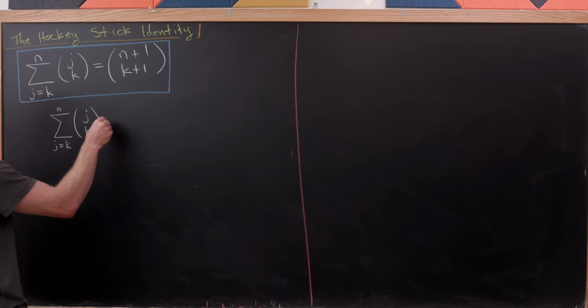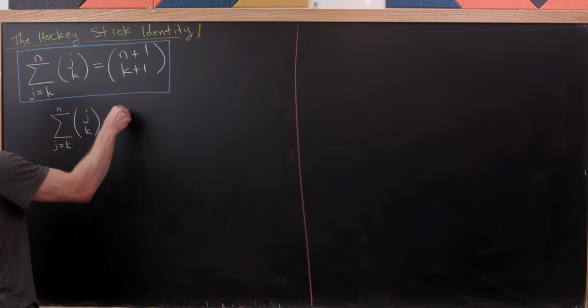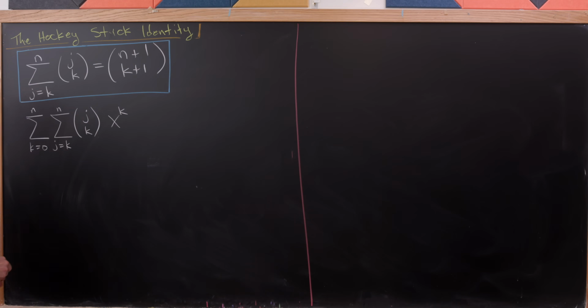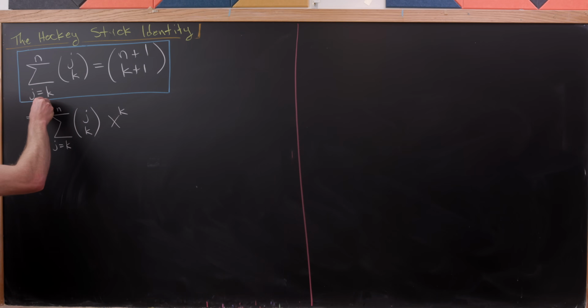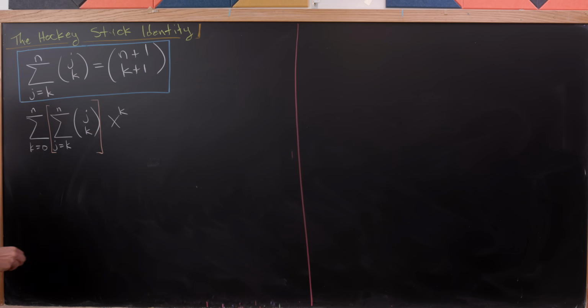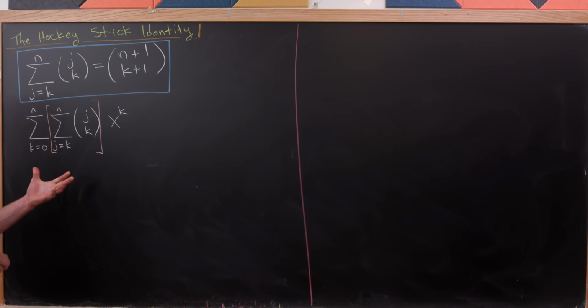I'm going to multiply this by x to the k and then sum that whole thing from k equals 0 to n. So I've got this double sum occurring here. And I want to think about this number in these peach parentheses as my inside sum, and in fact that's the coefficient of x to the k.